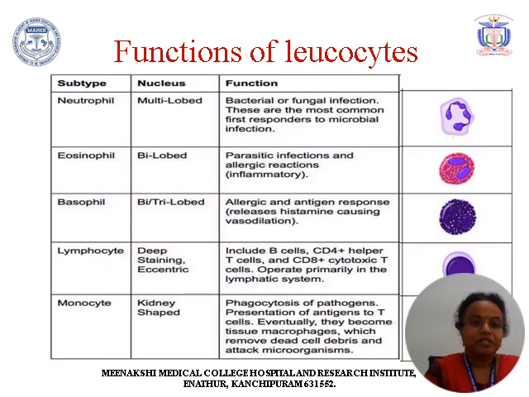Now coming to the functions, neutrophils are the first line defense mechanism. So they are the first responders against bacterial infection. And eosinophils will be raised in parasitic infections and allergic reactions. And basophils will be increased again in allergic and antigen responses. The basophils are the leukocytes which release histamine causing vasodilatation.